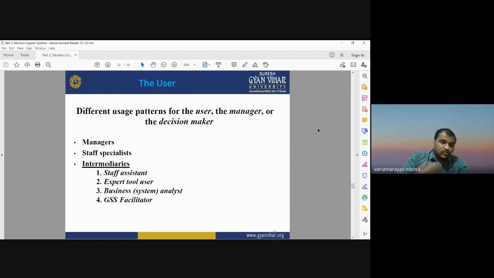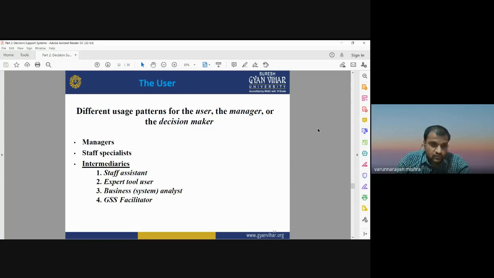Any programmer can be a user of this kind of decision support system. Once the decision support system is created, it can be used by multiple users. Different users can use it for their own purpose, their own need, whatever solution they are looking for.